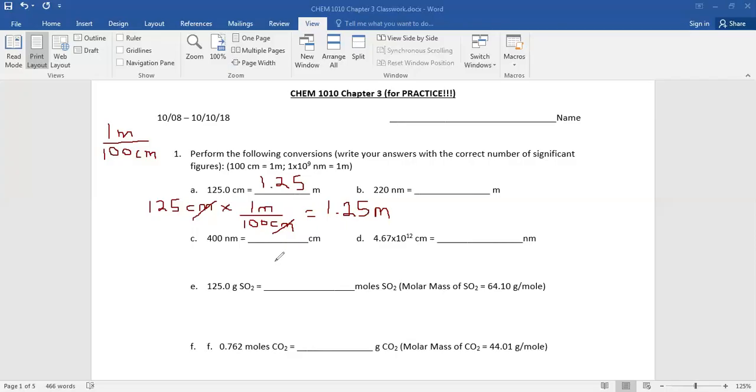For part C, you're converting 400 nanometers into centimeters. And so this one will require two different conversion factors. You'll first want to convert the nanometers to meters. For every 1 meter, there are 1 times 10 to the 9th nanometers.